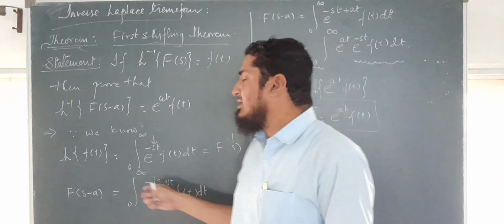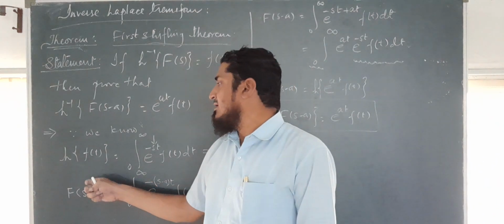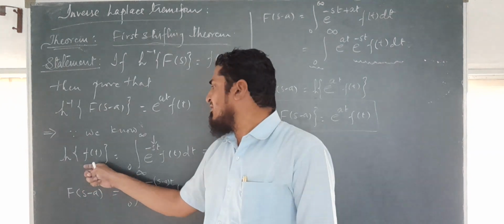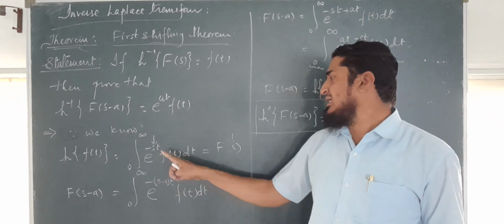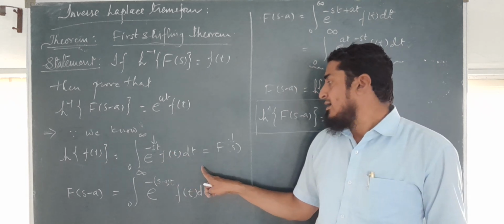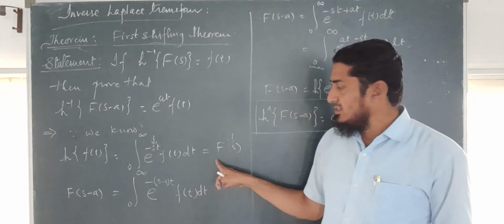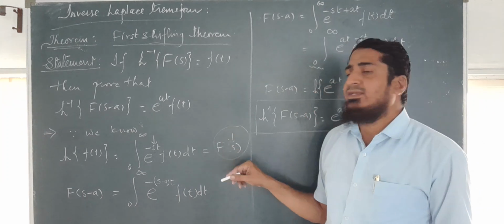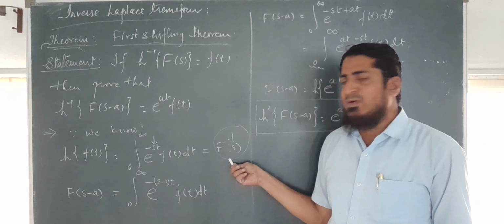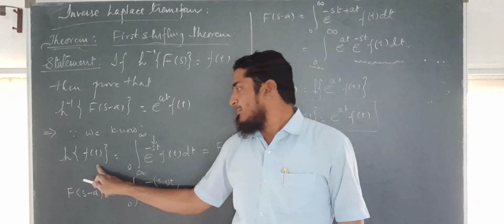Just start with the definition of the Laplace transform. We know that the Laplace transform of f of t is equal to integration from 0 to infinity e raised to minus st f of t dt, which is equal to F of s, and capital F of s indicates that it is the Laplace transform of small f of t.